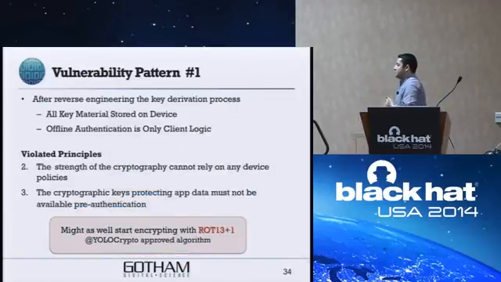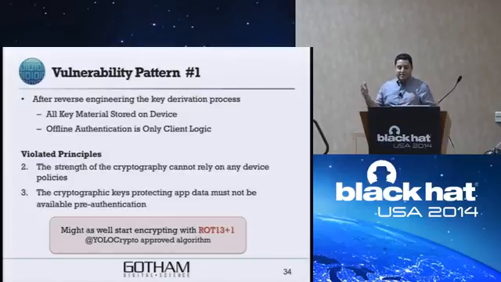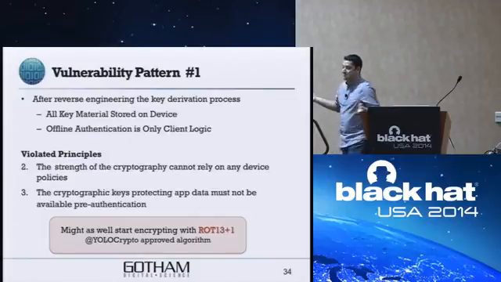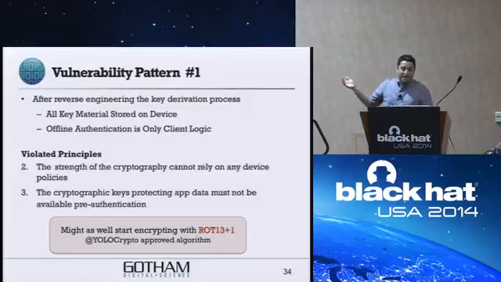So let's dive into a vulnerability pattern here. We're doing some reversing of a solution, right? We're going through the logic of the authentication, and we determined that the actual passcode that you entered on the device wasn't used to derive the encryption key protecting the data. What that means is that all the key material used to protect the data was stored on the device as well.